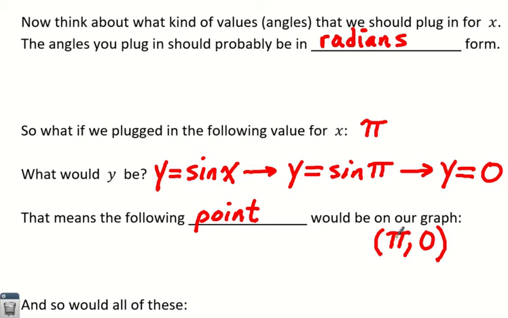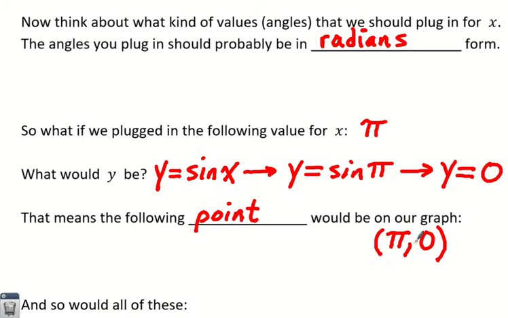Because remember, pi is basically what? Pi is, again, approximately 3.14. Don't forget that, especially in this lesson. So if I said, hey, everyone, graph the point 3.14, comma 0, you could totally do it. Anyway, moving on to the next point.